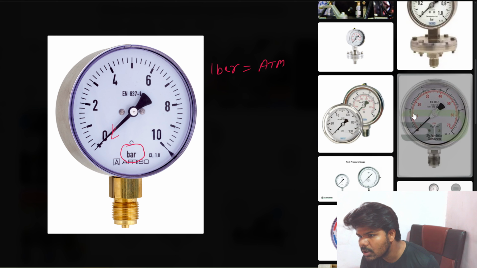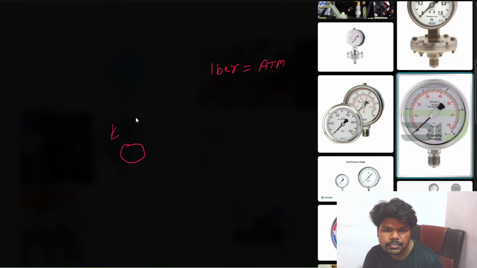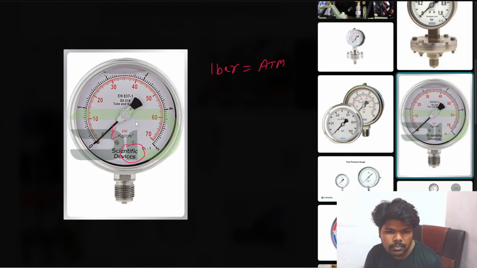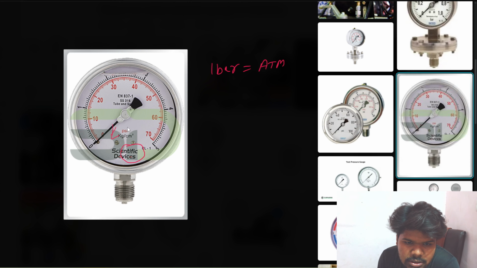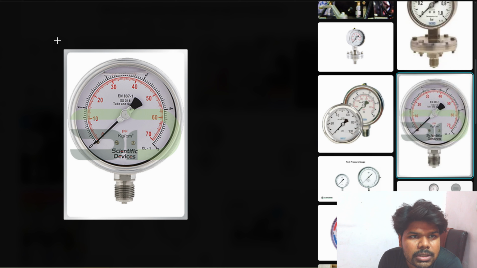you can see this gauge, and this gauge is showing the kg and psi. So the red one is the psi. So if the needle shows here, from 0 to 10, it depends on the needle.